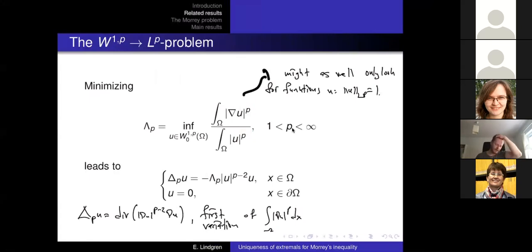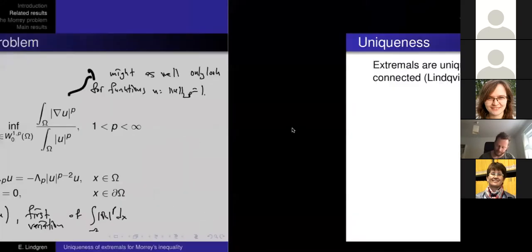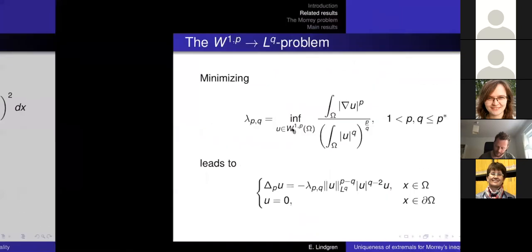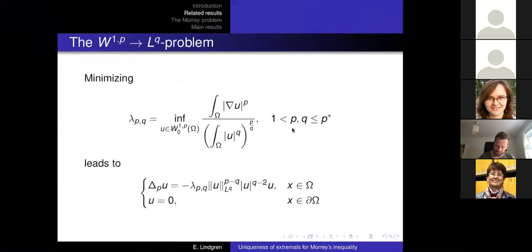So then you might ask, what happens if you, instead of the p here, change it to a q? Okay, so then the problem becomes just this, but we take an exponent here in order to make the problem still invariant under multiplication with constants.